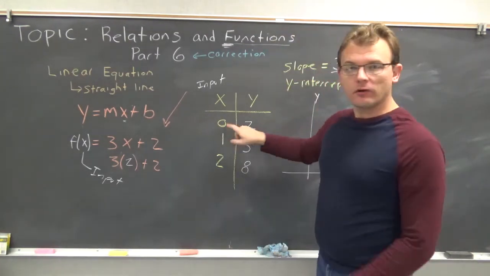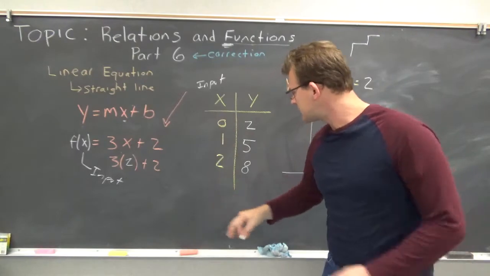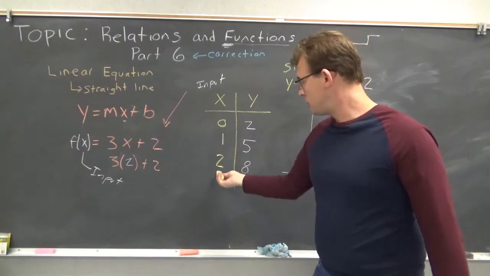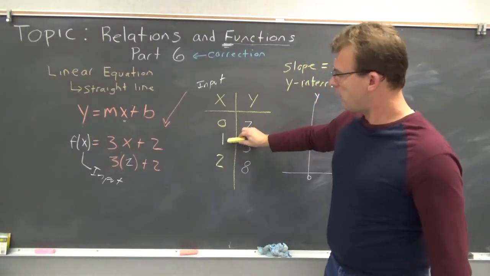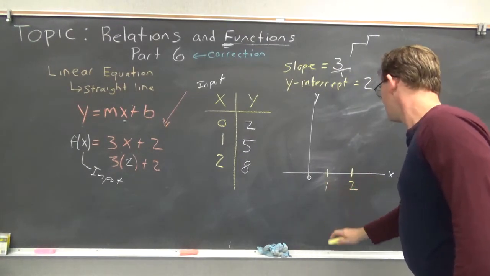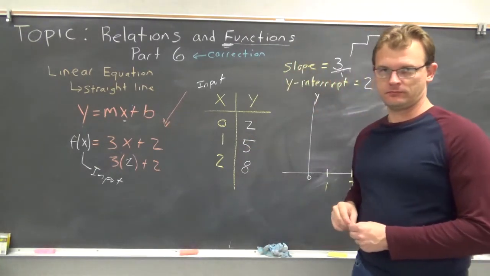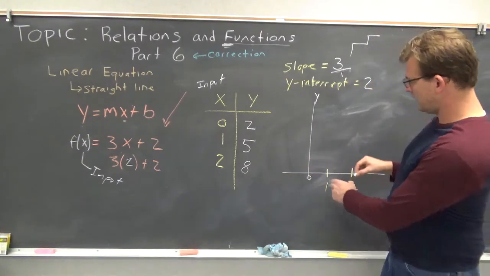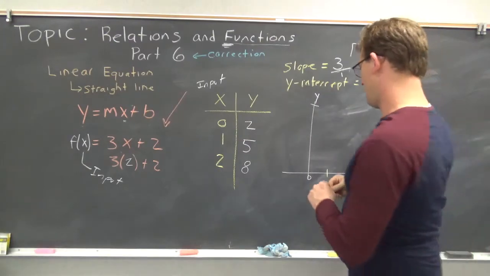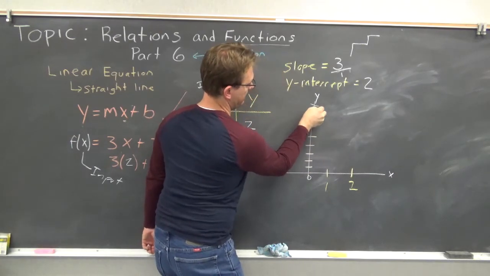They start from 0, correct? And what's my biggest x value? 2, correct? So it's going to go 0, 1, 2. What's my biggest y value? 8. So it's going to go all the way to positive 8: 1, 2, 3, 4, 5, 6, 7, and 8.